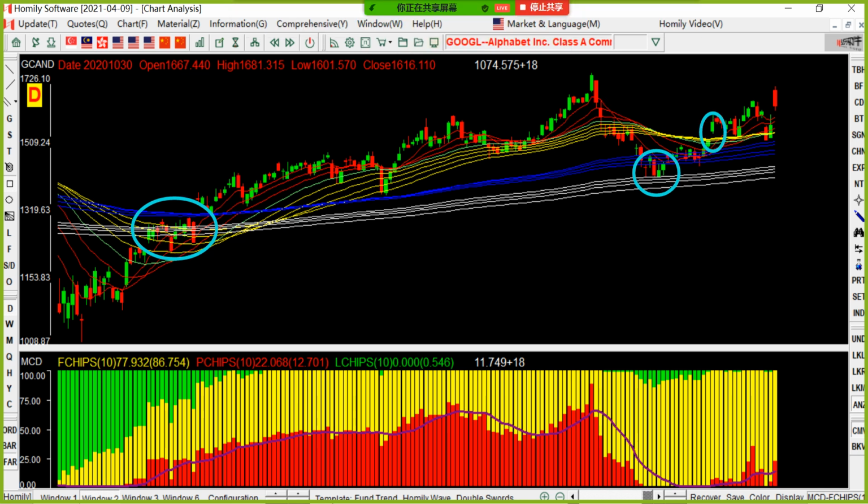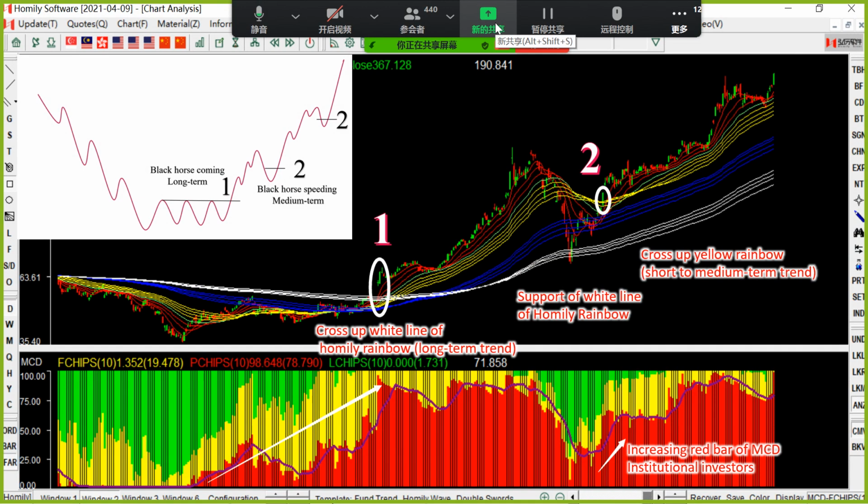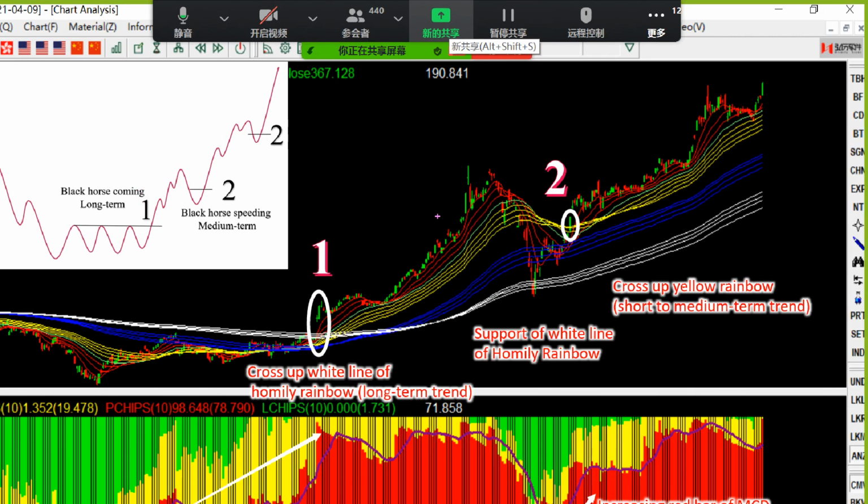Nobody can confirm. But sometimes we can combine with the rainbow and the multicolored dragon. Remember these two patterns. I'm sure now most of the US stocks will cross down the yellow rainbow.